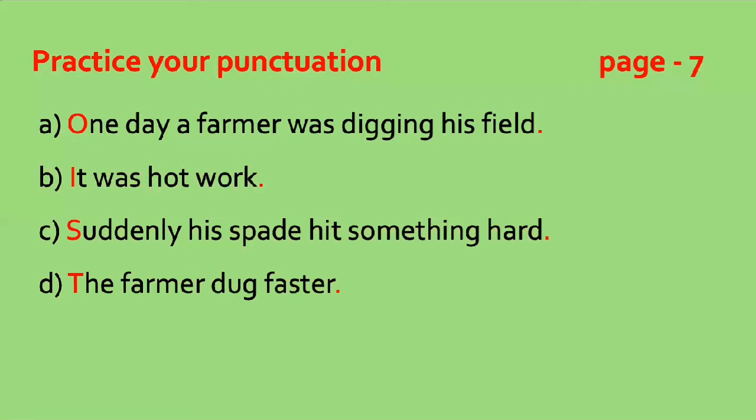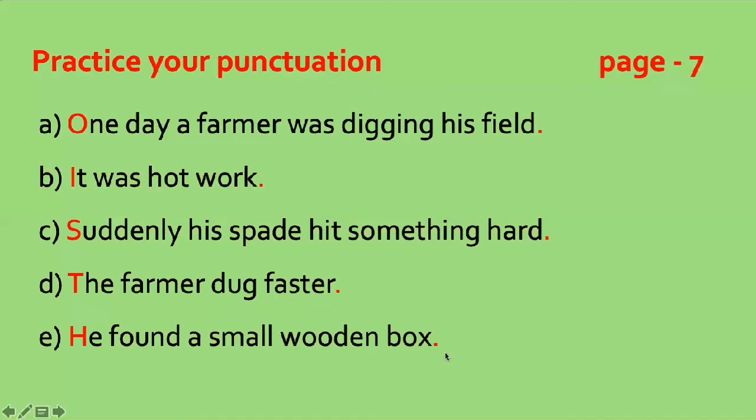Now moving towards the next sentence, he found a small wooden box. What's wrong in it? Yes, the letter H, the first letter of your sentence, is small again. We have to make it capital, and put the full stop at the end of the sentence.